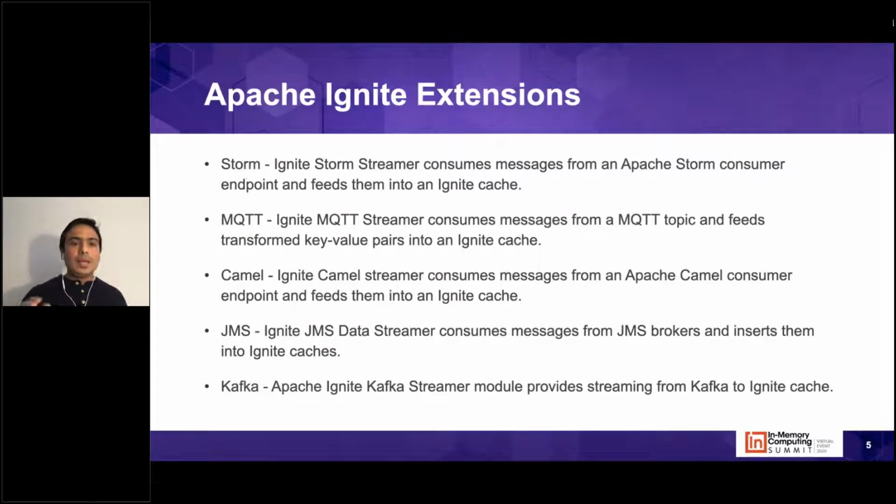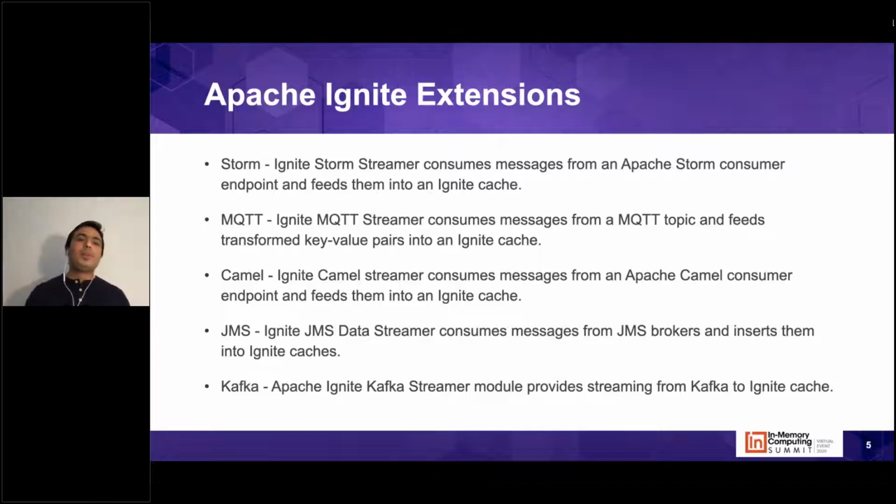We have a few additional ones, and we have some demos as well, which we will see in the next session, like how we can use the Kafka streamers or the Flink module. We have Storm integration as well, which allows us to read the Storm Ignite tuple and store information into Apache Ignite nodes.